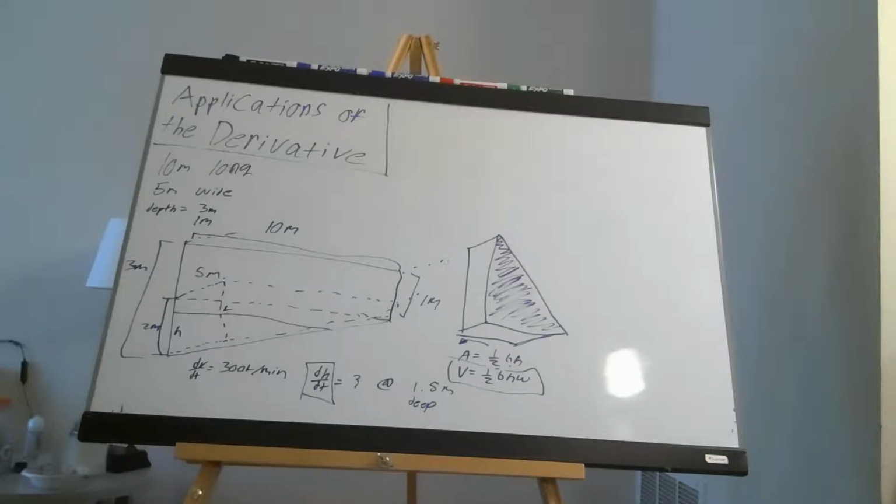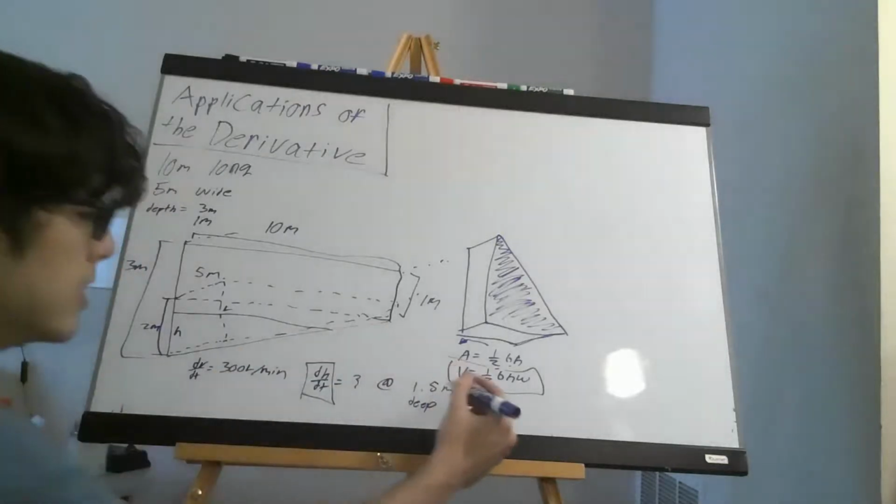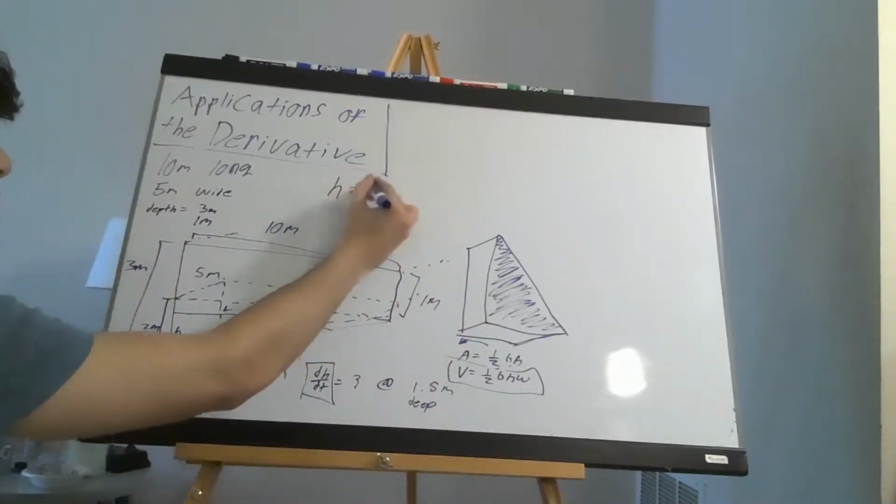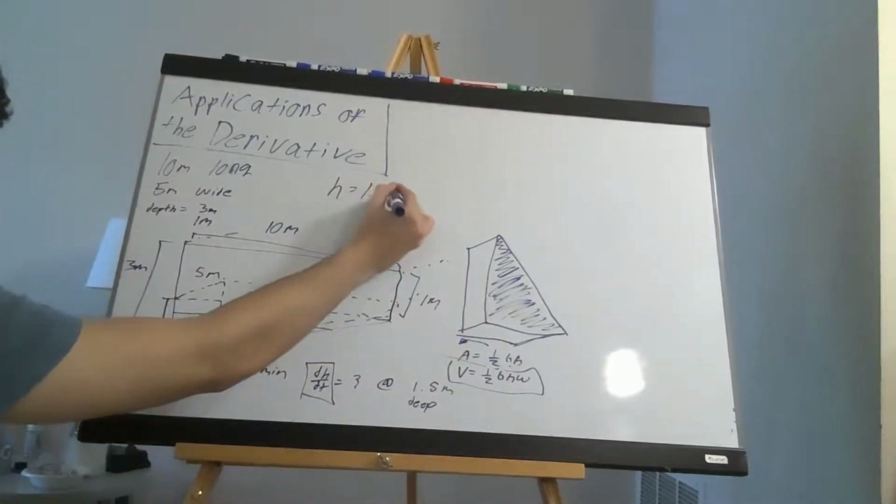Water is pumped into the pool at the rate of 300 liters per minute. At what rate is the water level rising when it is 1.5 meters deep at the deep end? And that's what we were missing. We had this the whole time. I just forgot to write it right.